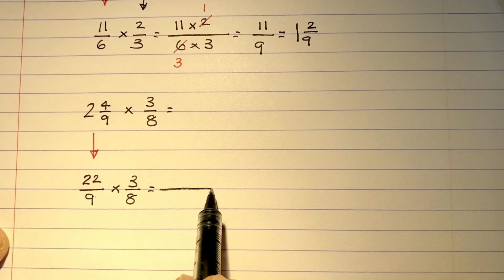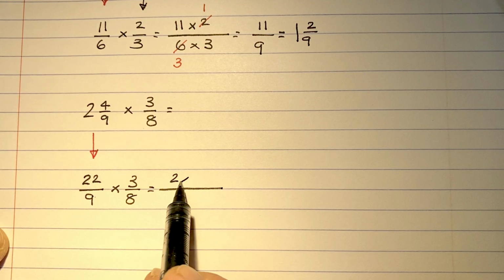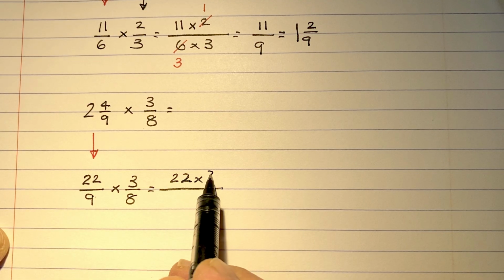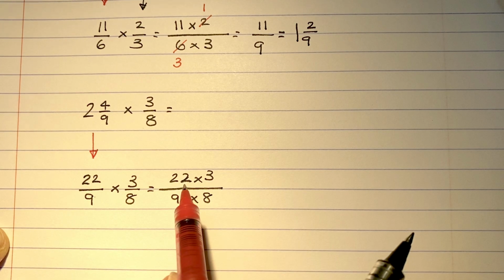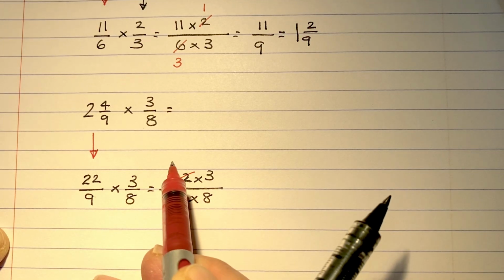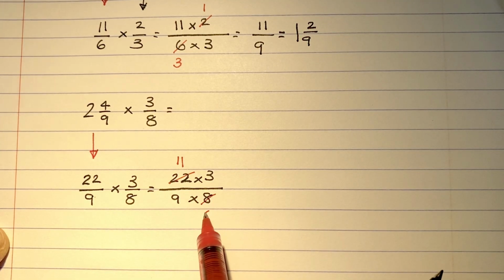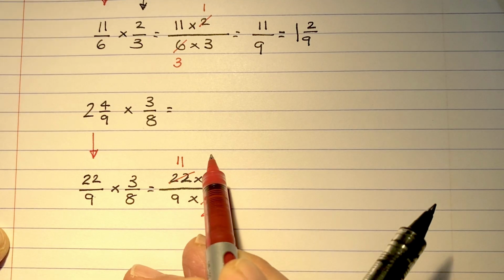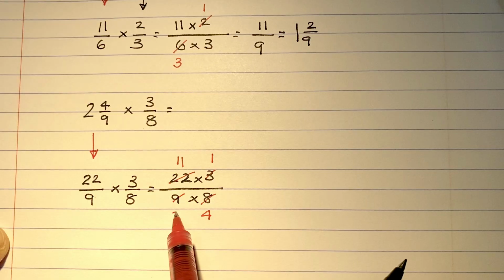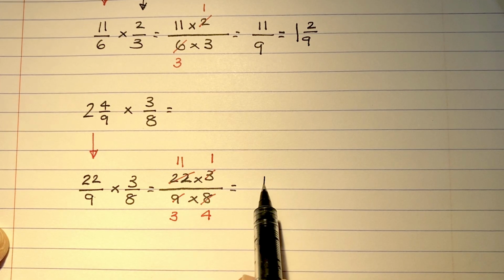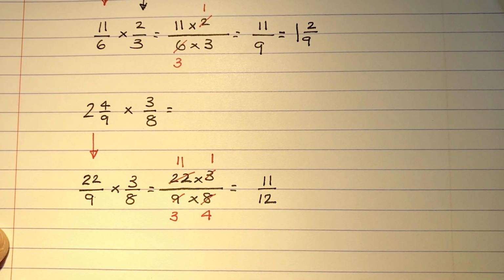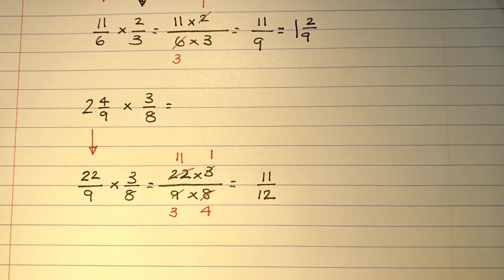Now we perform the multiplication. 22 times 3, 9 times 8. 22 and 8 can cancel. They're both even numbers. Divide by 2, divide by 2. 3 and 4 don't cancel, but 3 and 9 cancel. 3 into 3, 3 into 9. So we have 11 times 1, 3 times 4, 12, and this is not top heavy and cannot be cancelled any further.